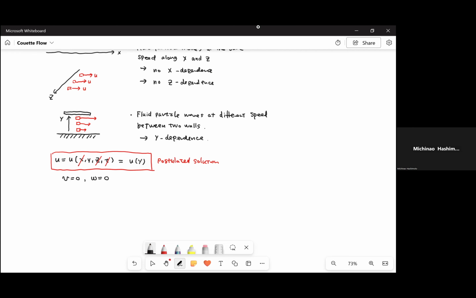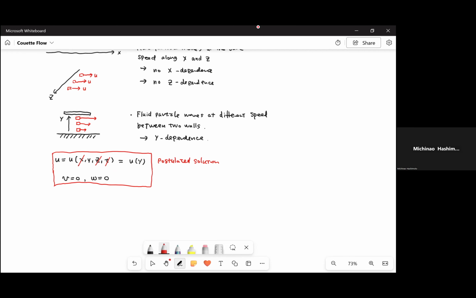These are another two sets of the postulated solution. If you combine them together, we have now postulated the solution. That concludes the first step.